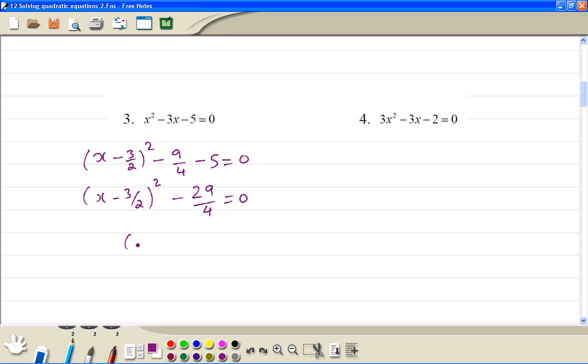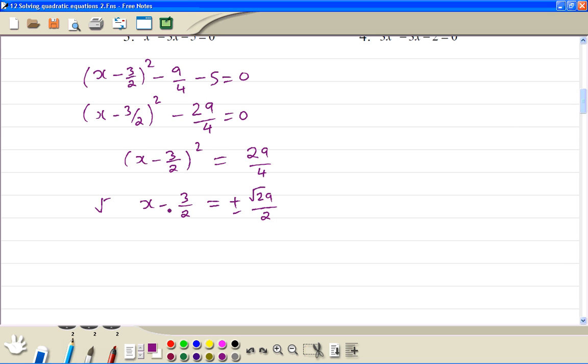Take to the other side: x minus 3 over 2 all squared equal to positive 29 over 4. Take the square root, we get x minus 3 over 2 is equal to plus or minus root 29 over 2. And we take minus 3 over 2 to the other side. So we have 3 over 2 plus or minus root 29 over 2.